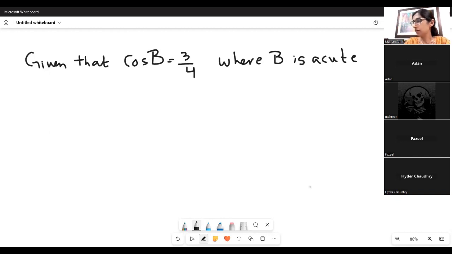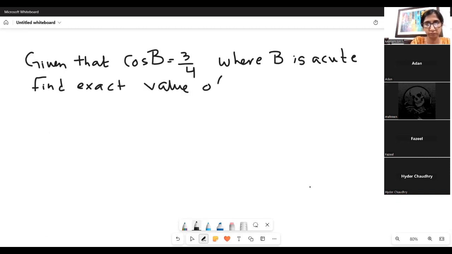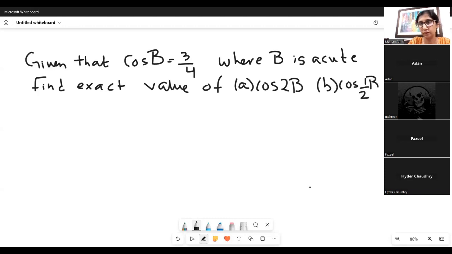Find the exact value of cos 2B and cos half B. Part A, cos 2B, and part B, cos half B. Okay, let's start with part A, cos 2B.